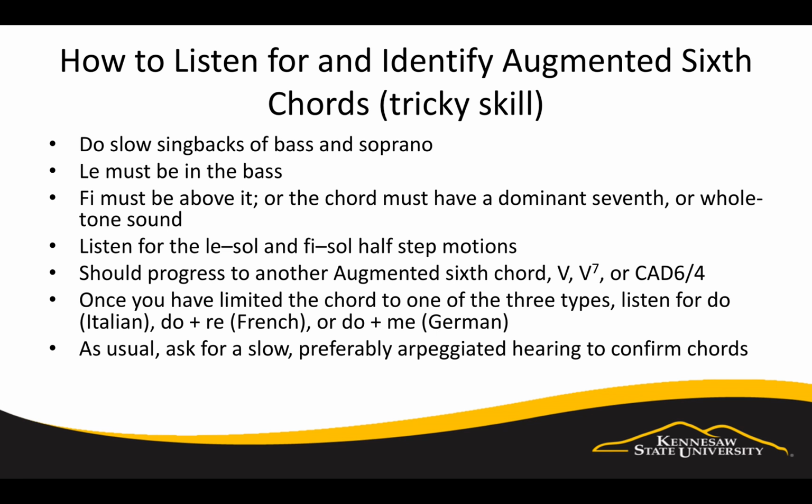If you have an augmented 6th chord, it will progress to another augmented 6th chord, or to 5, or to 5/7, or to 4/6. Once you have limited the chord to one of the three types, you listen for do with the Italian, do and re in the French, or do and me in the German.